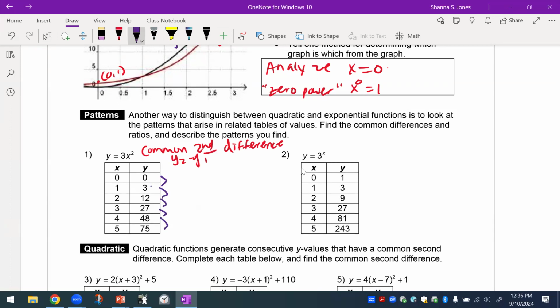What is 3 minus 0? 3. What is 12 minus 3? What is 27 minus 12? 48 minus 27. 75 minus 48.